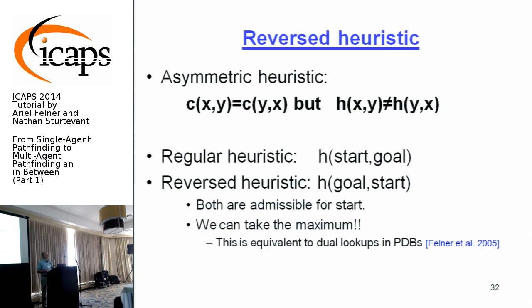This was called in our old paper dual lookups. Anyway, asymmetric heuristics exist. If I have an asymmetric heuristic, I can look up both heuristics and take the maximum, because they are both admissible. They are both measuring the same distance. So this is some kind of preliminary to what I would like to say next.